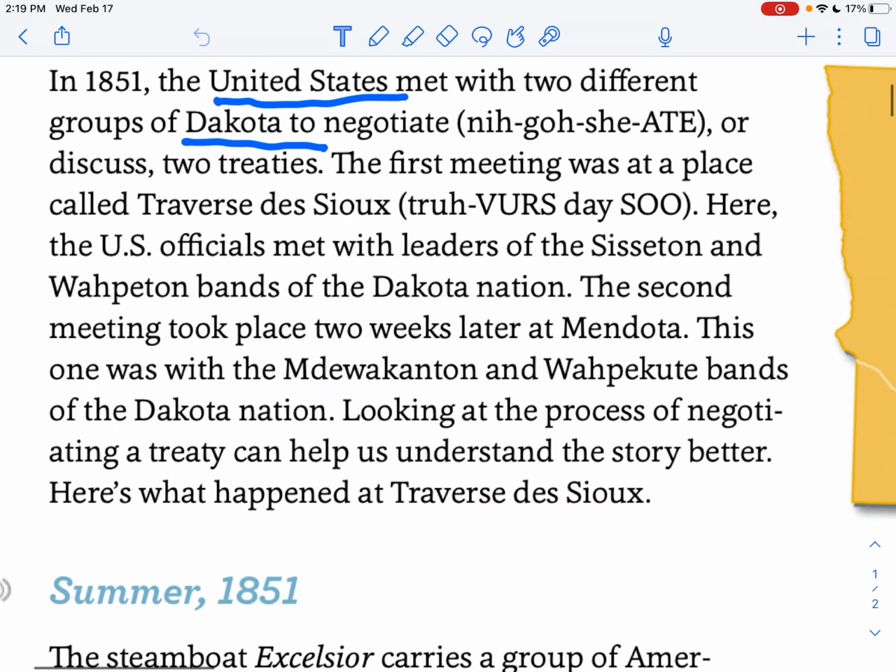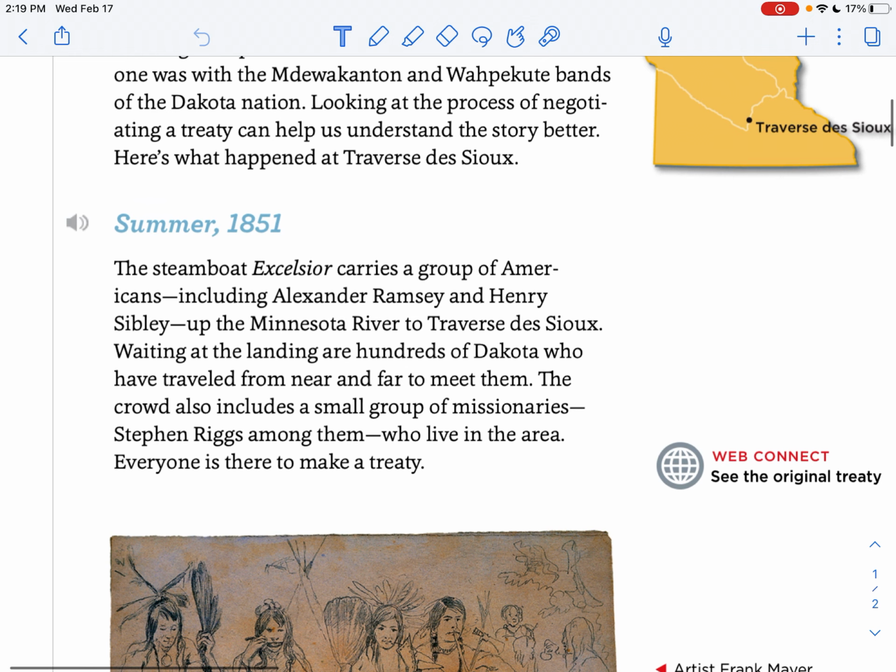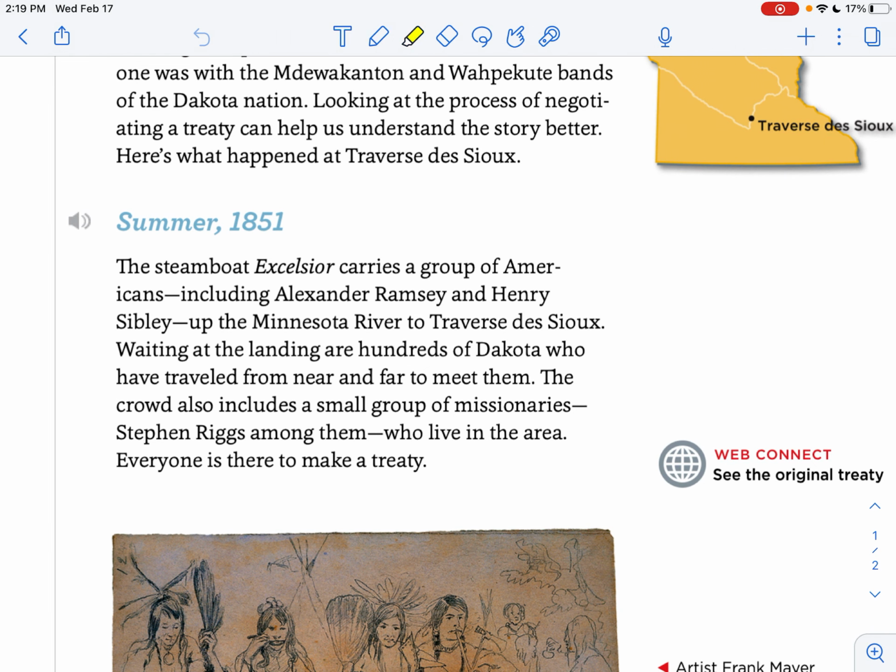So what we got here, summer of 1851, steamboat Excelsior. You guys know what a steamboat is, right? Carries a group of Americans, including Alexander Ramsey and Henry Sibley, up the Minnesota River. This is the Minnesota River right here. Okay, everybody?